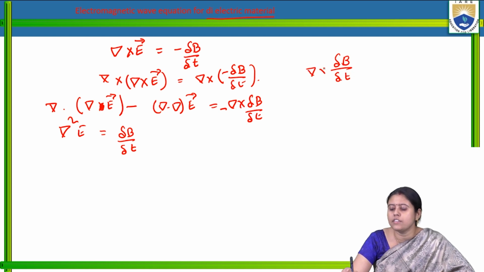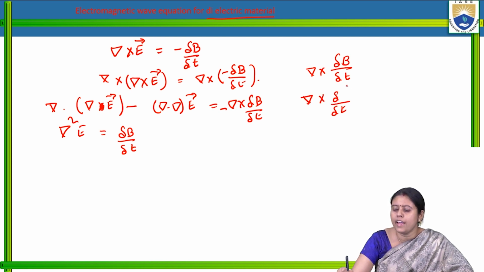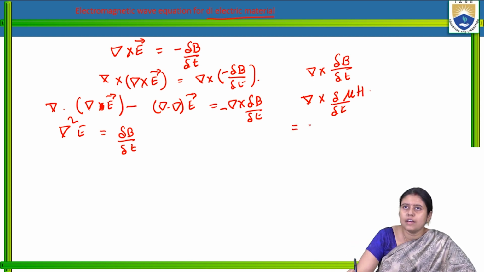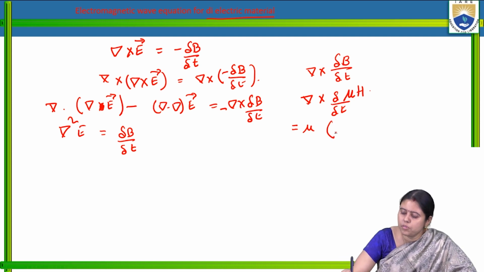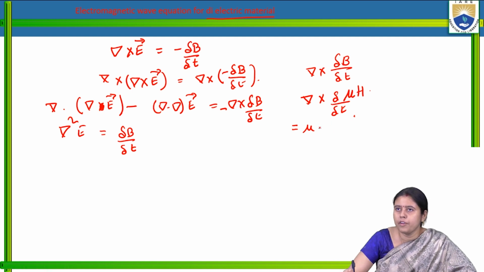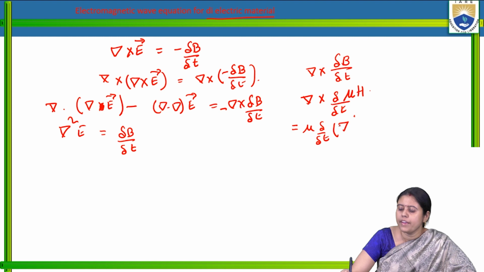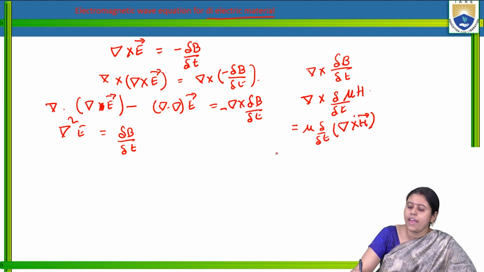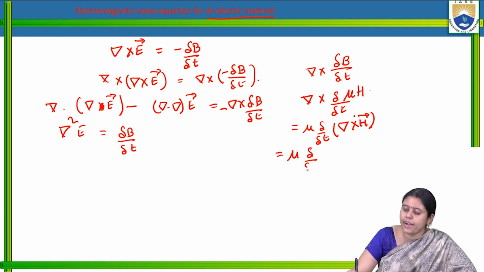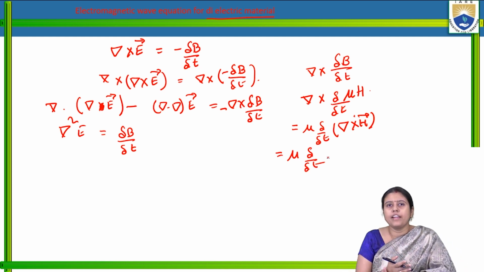We can write grad cross delta B by delta T, but instead of B, we can write mu into H. So we can write mu delta by delta T grad cross H. Again, this is a dielectric medium, so the conduction current is again 0.